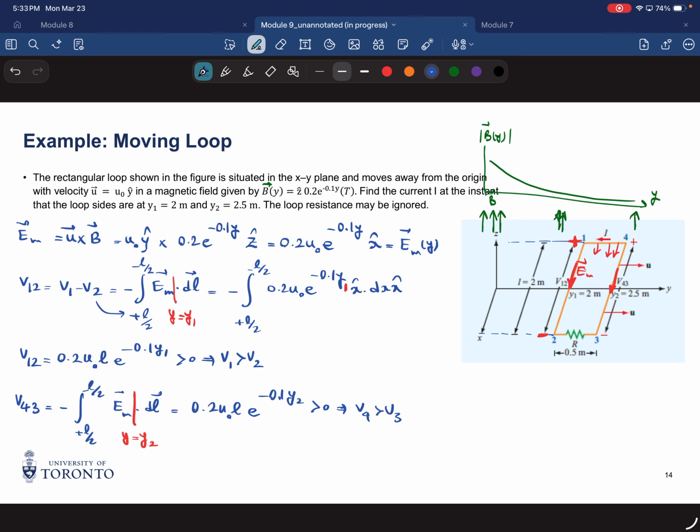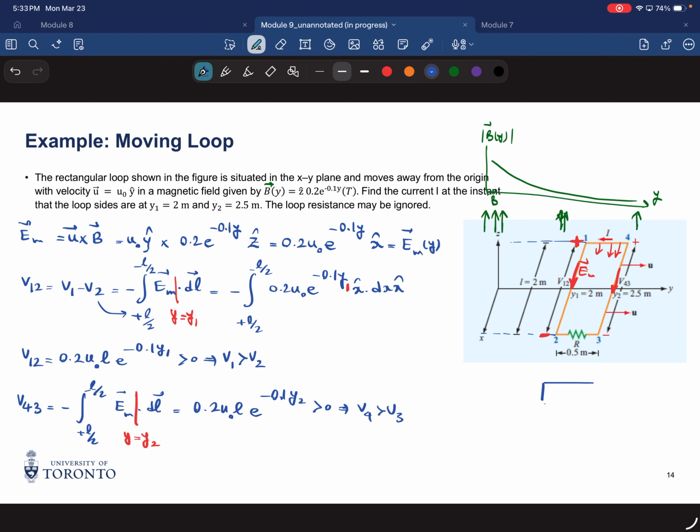Now, let's model this, see what we just found out. We found that this rectangular loop looks like this: here we have V12, here we have an R, and then 4 to 3 was also modeled by VM43. Here we have positive, and the other side is negative.